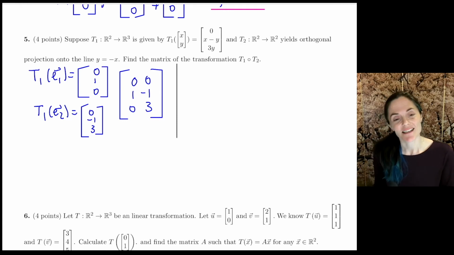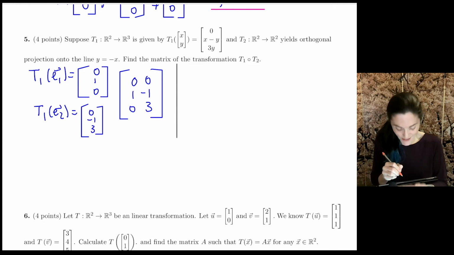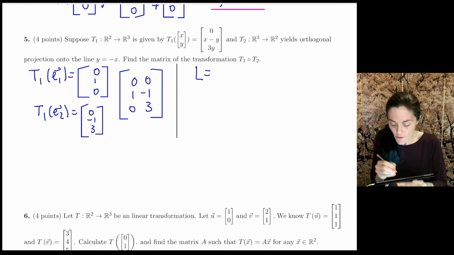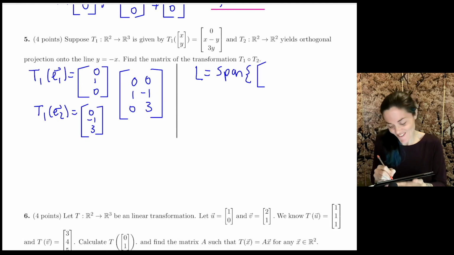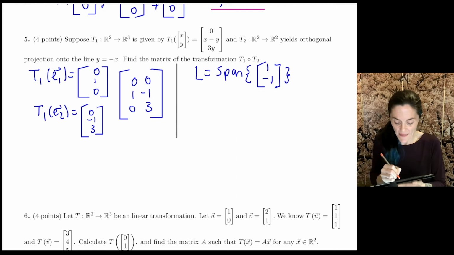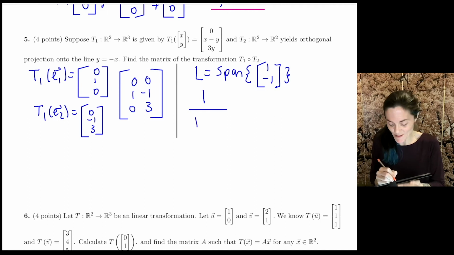T2 is orthogonal projection onto the line y equals minus x. So I can write this line as the span of, well, if x is 1, y is negative 1, for example. And then the matrix here for our T2, we take 1 over W1 squared plus W2 squared.